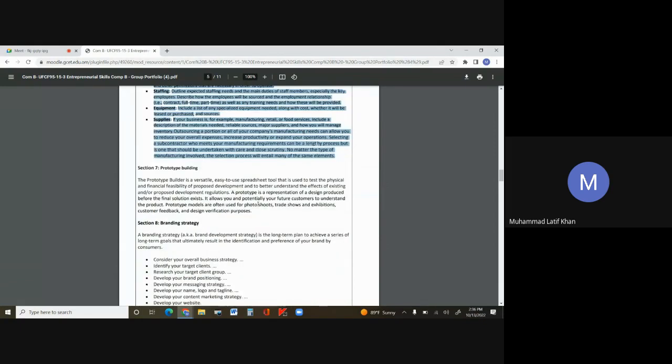Okay, prototype building, as I told you. Before launching your product to the final consumer, it is very, very important to present your product to your target customers, to see whether they like it or they don't. There are many ways to get feedback on your product from your customers.